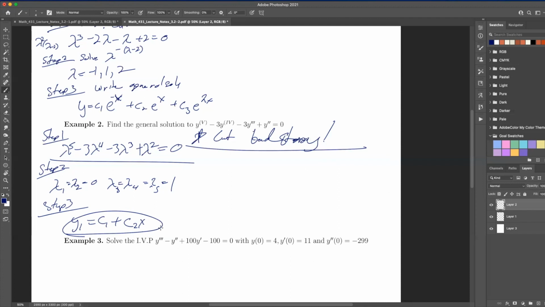So this covers all my zeros. Then we have c3 e to the x plus c4 x e to the x plus c5 x squared e to the x.